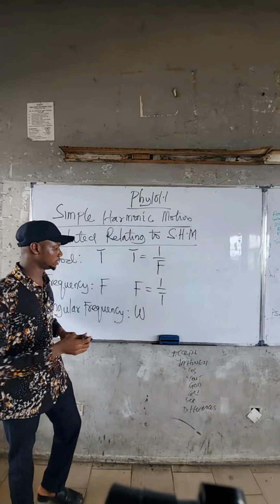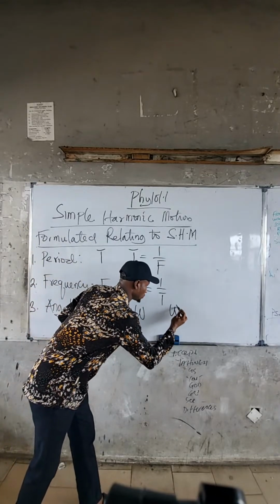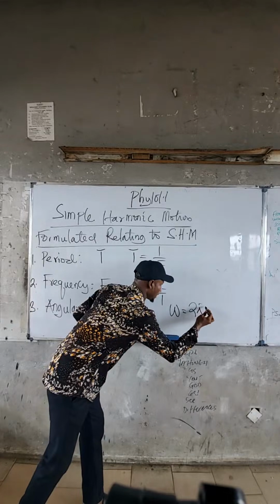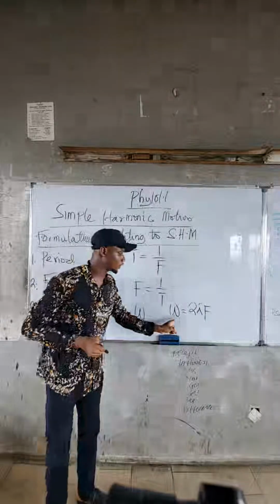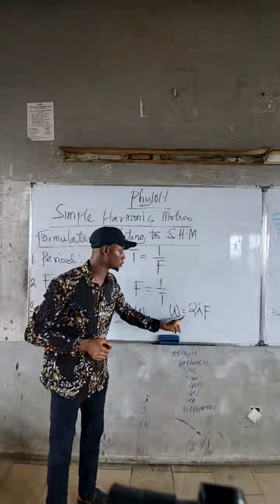Mathematically, angular frequency omega can be defined as omega equals 2 pi F.